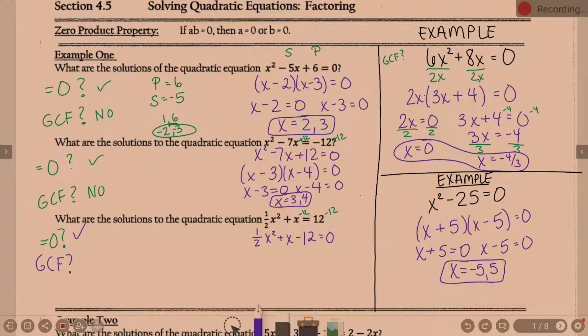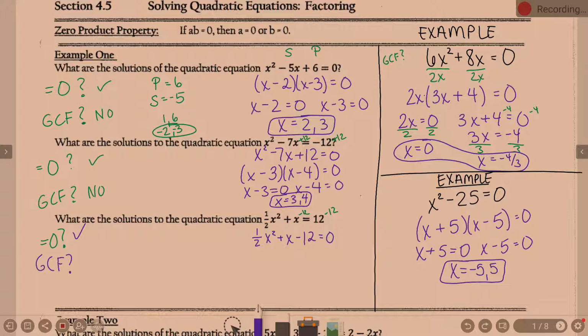I wasn't going to necessarily call it a GCF, but the 1/2 is an issue, right? So you could factor it out as a GCF. However, you guys aren't going to want to have to divide everything by a half. So I have a different route to take us. So it doesn't really fall into the GCF category, but more of how do we get rid of, and it's not so much that it's a fraction, it's the fact that there's a denominator.